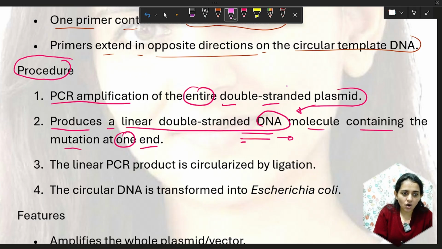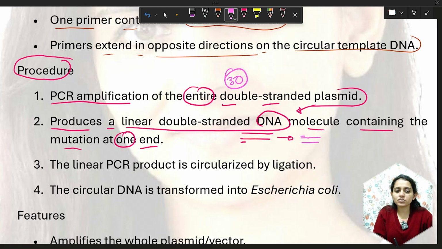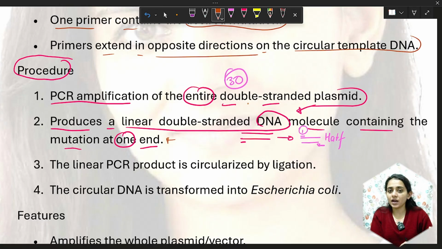At the end of the PCR, if we use 30 cycles, then approximately half of the product is mutated, because we use only a single primer as the mutant. The mutated primer is hybridized at the 5' end, so half of our product is mutated.